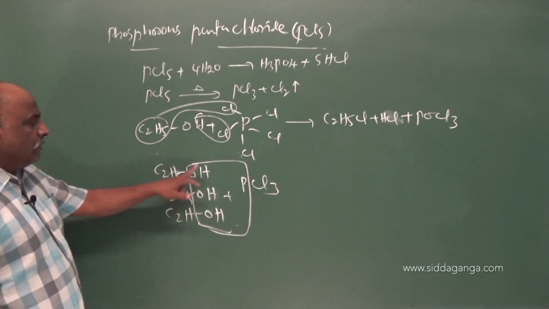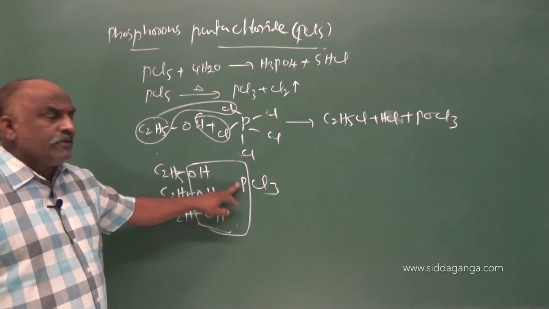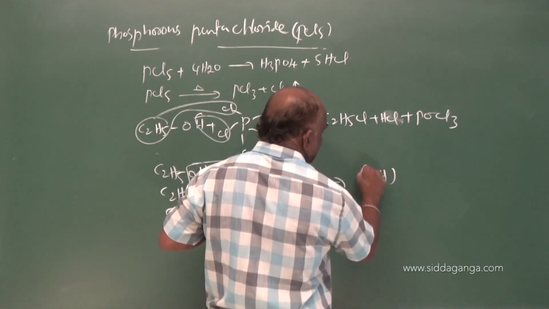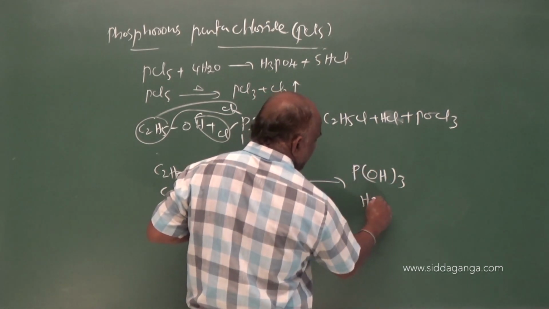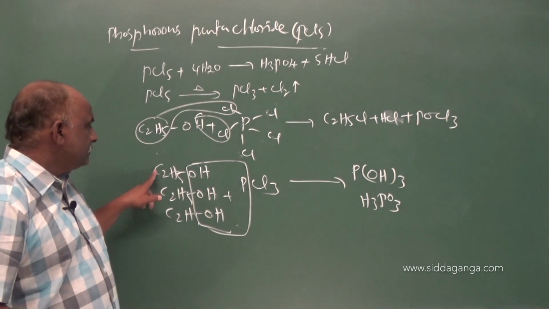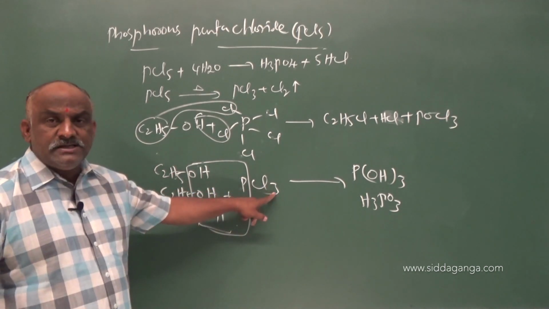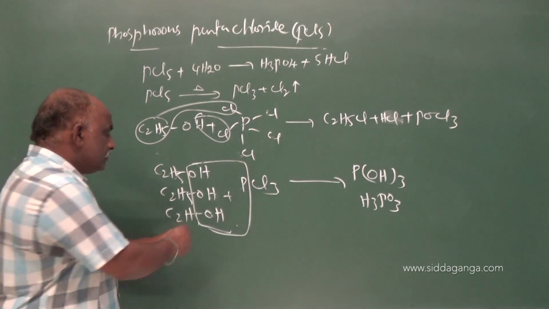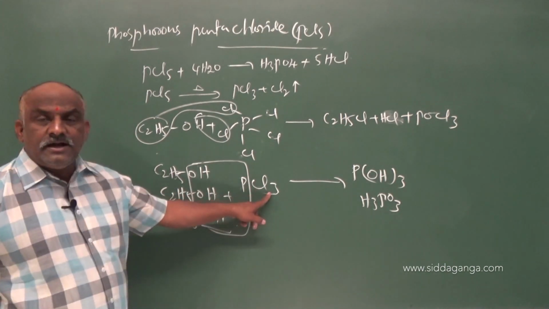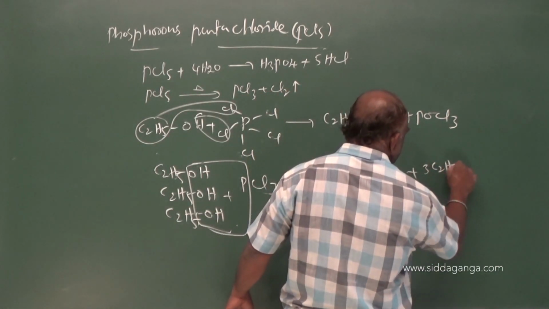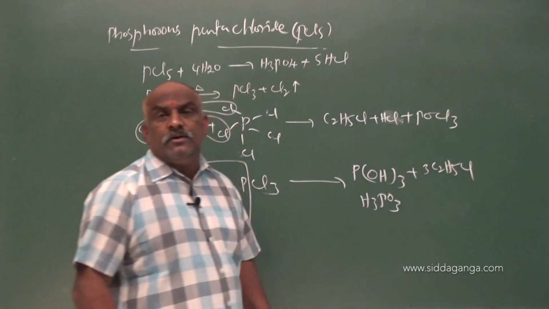OH taken thrice, P, is called H3PO3. What is H3PO3? Phosphorus acid. What is remaining? Three Cls, so C2H5Cl, C2H5, C2H5. So 3 molecules of C2H5, 3 atoms of Cl. The answer is 3 C2H5Cl, ethyl chloride.